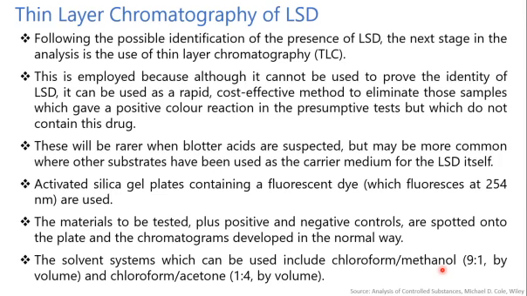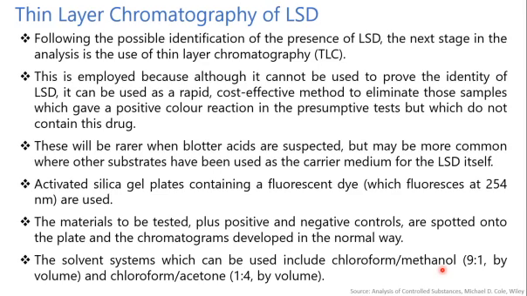In this way, we can get such confirmation by using TLC. These will be rarer when blotter acids are suspected, but may be more common where other substrates have been used as a carrier medium for the LSD.